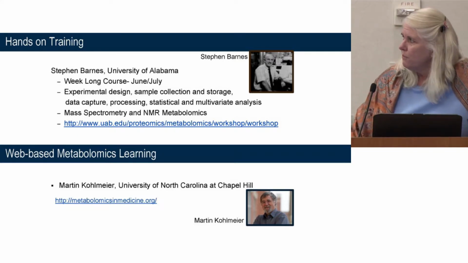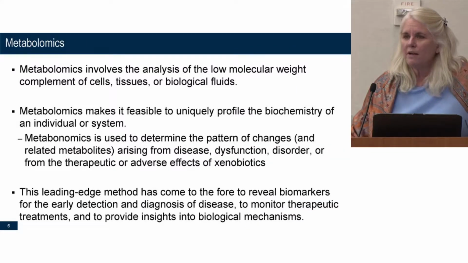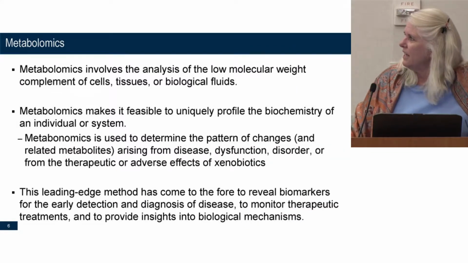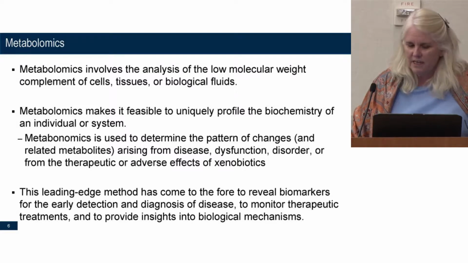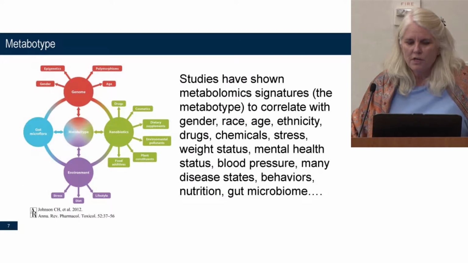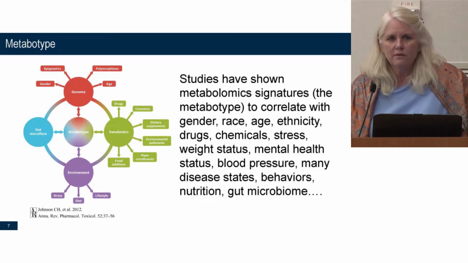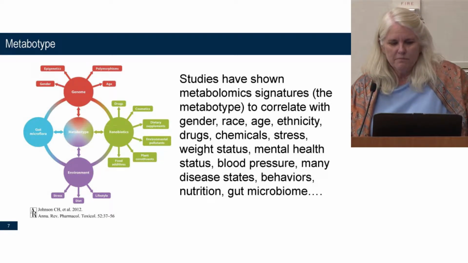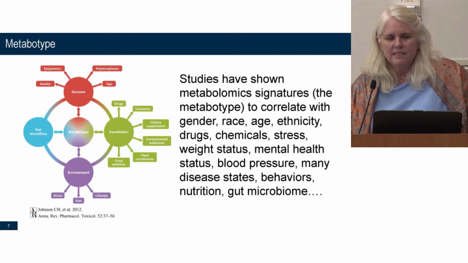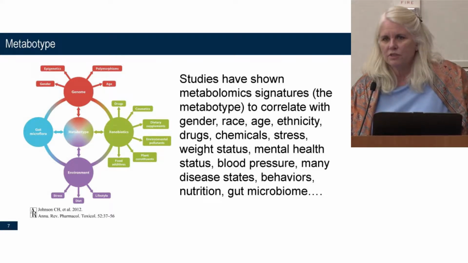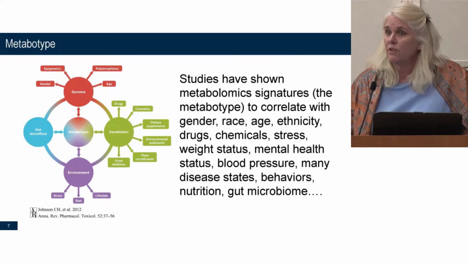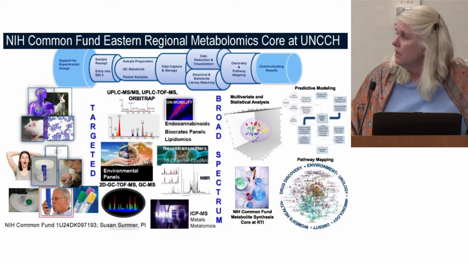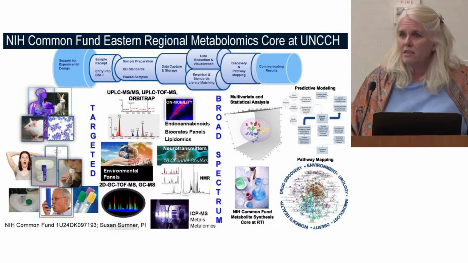Okay, so I was supposed to focus on applications, and so I just wanted to start off by saying there's many studies that have shown metabolomic signatures that correlate with gender, race, age, ethnicity, drug use, chemical exposure, stress, weight status, mental health status, blood pressure, many disease states, behaviors, nutrition, gut microbiome, and I'll show you some work that I've recently done on the correlation with blood types.